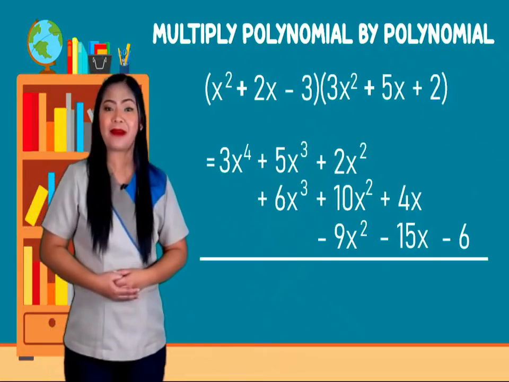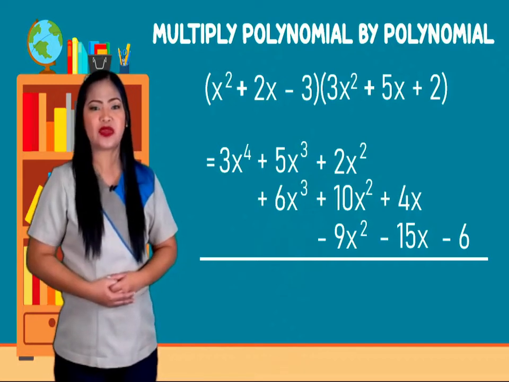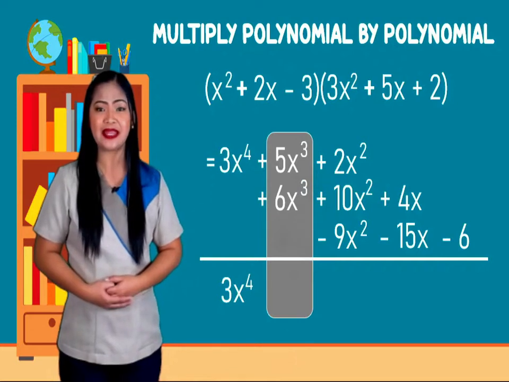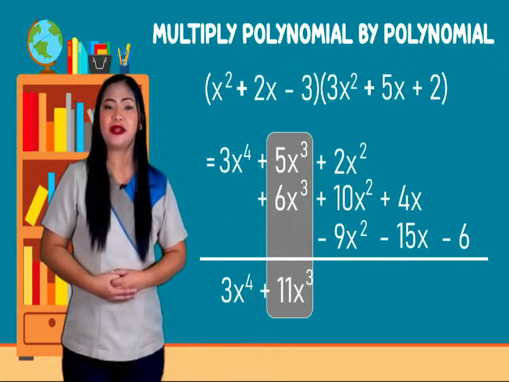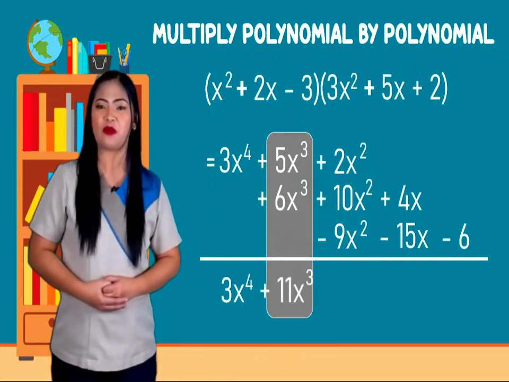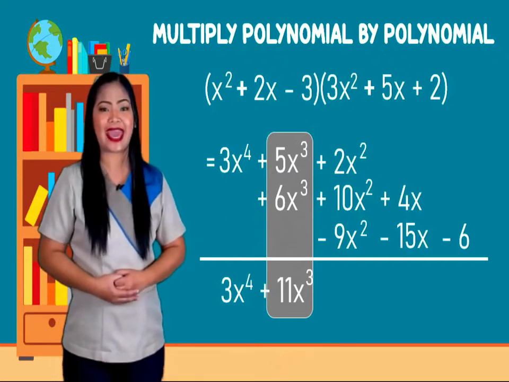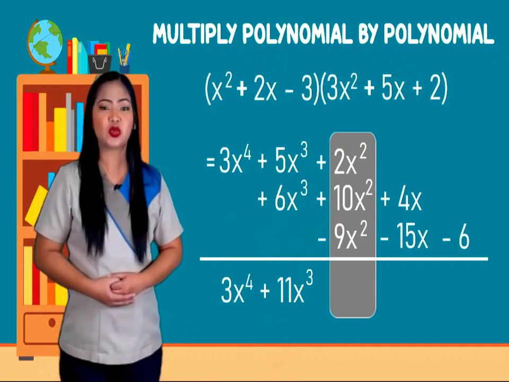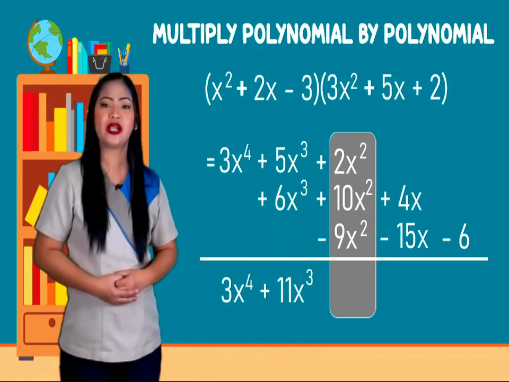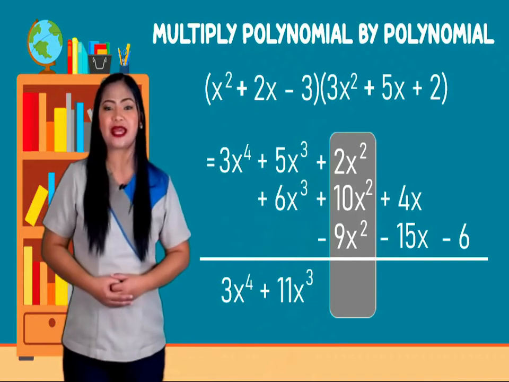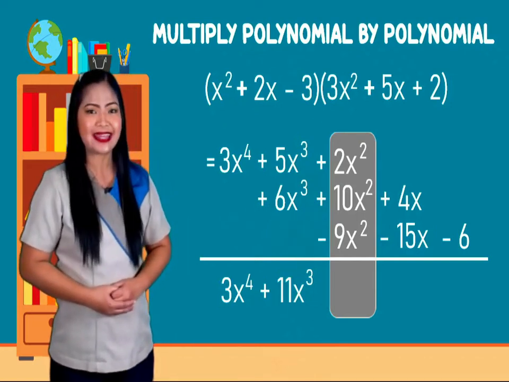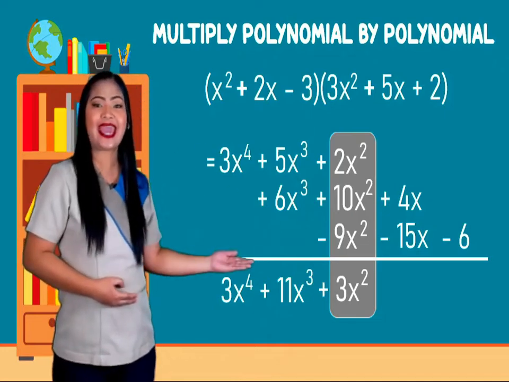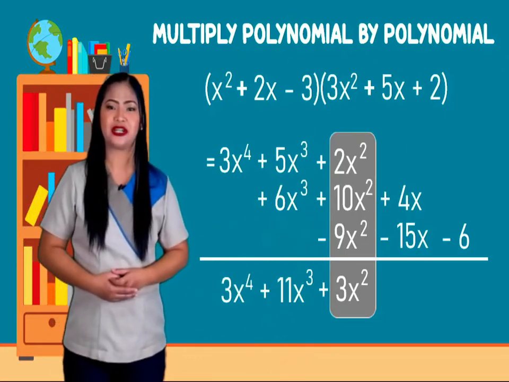Now, we need to combine like terms. So, we have 3x raised to the fourth power, then 5x raised to the third power plus 6x raised to the third power is positive 11x raised to the third power. Then, positive 2x raised to the second power plus 10x raised to the second power minus 9x raised to the second power gives us positive 3x raised to the second power.